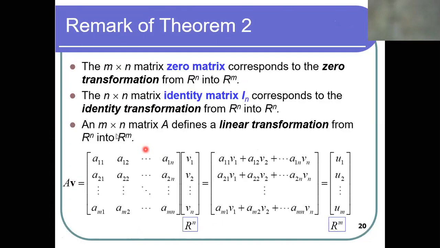And a matrix A is defined as a linear transformation from Rn to Rm if T of V is equal to AV, where the matrix is of order m cross n, and V is an element of the domain Rn. So it is an n-tuple vector. If you multiply, you ultimately get u1, u2, u3 up to um.